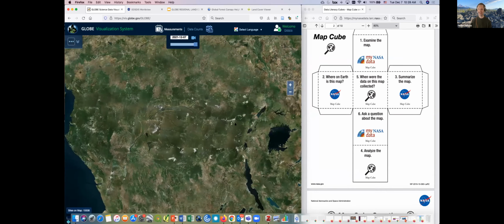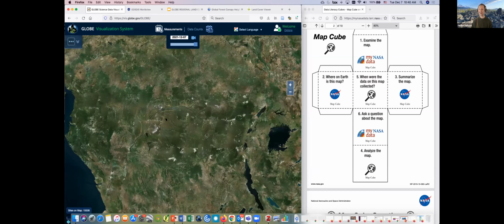It could be clouds. It could actually be snow or glaciers, right? So keeping track of examining the map for colors, patterns, textures, and knowing where we are in the world and what things to expect are really important.